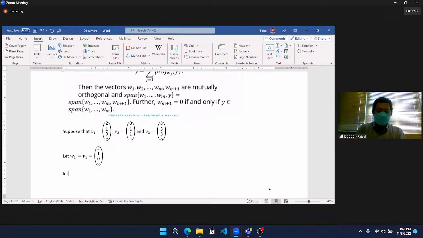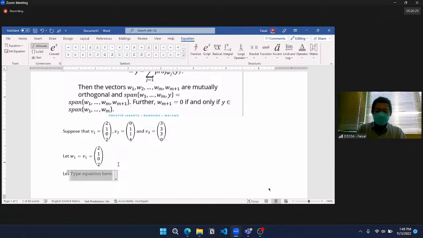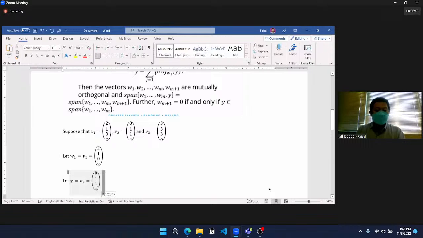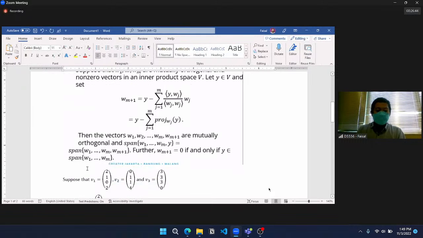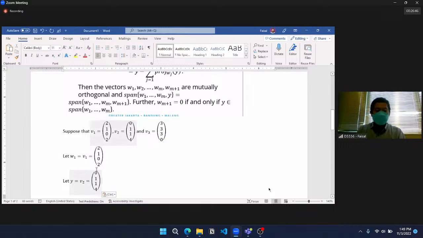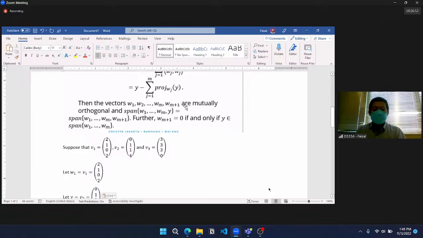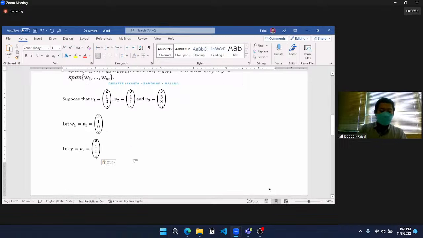Let y be V2. Then because we only have W1, next we want to get W2, the second vector in our orthogonal basis.